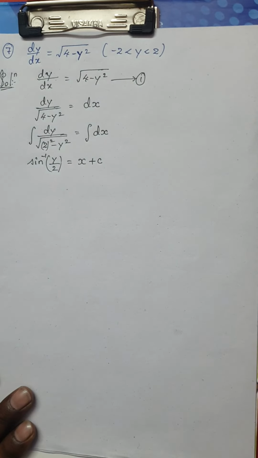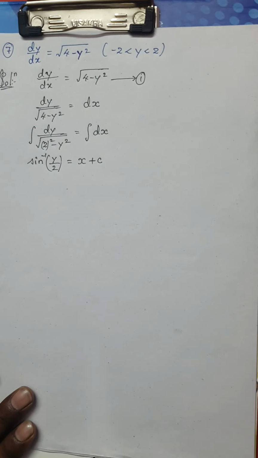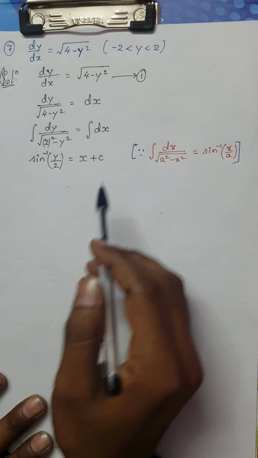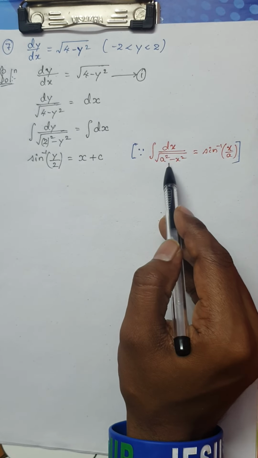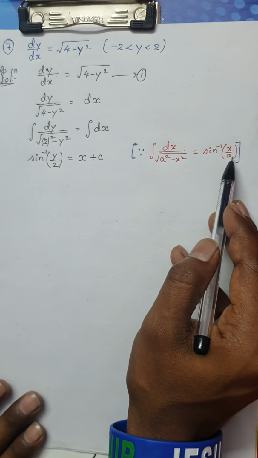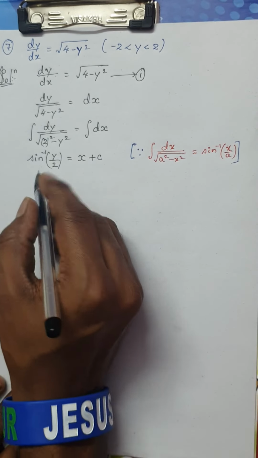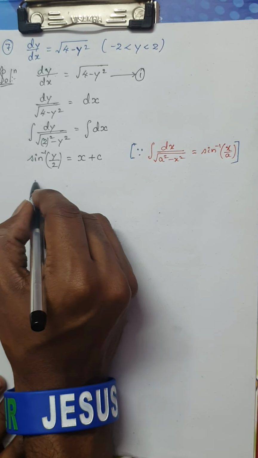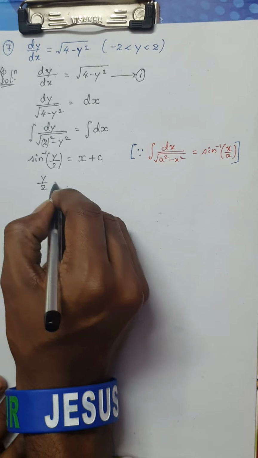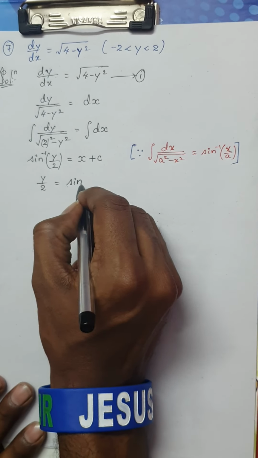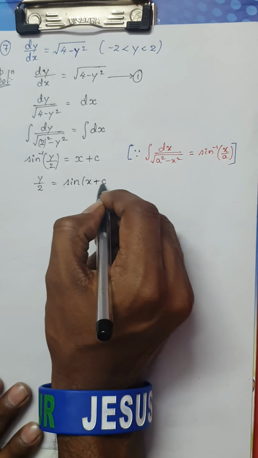The reason is the formula that the integral of dx divided by root of a square minus x square is sine inverse of x by a. Now apply sine on both sides. Your sine and sine inverse will be nullified. So y by 2 will give me sine of x plus c.